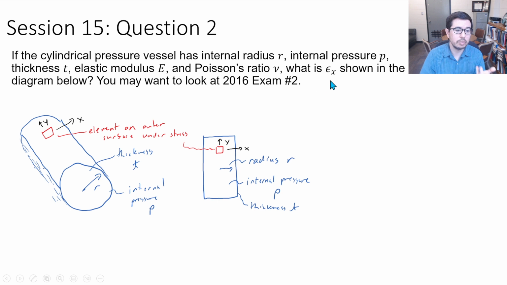And it's asking for what is the strain in the x direction shown in this diagram. This is very similar to what we did with a spherical pressure vessel, but now we're doing it on a cylindrical one, using the material property relationship, accounting for the Poisson's ratio.